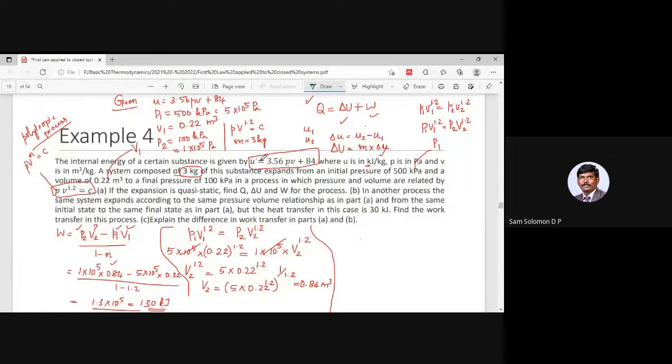So now let's check with internal energy. So this guy is 3.56 PV plus 84. Okay.